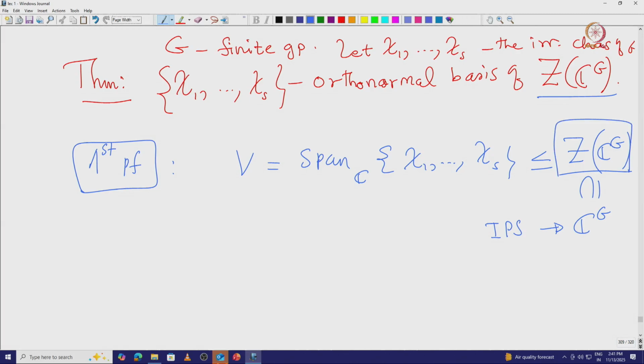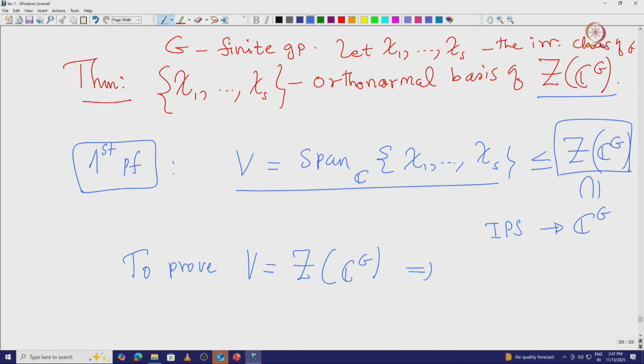If you have a subspace, then you can pick a unique complement to V, which is given by the orthogonal complement. So, to prove V is exactly equal to the space of class functions, it is enough to prove that V perpendicular is 0 inside the space of class functions.